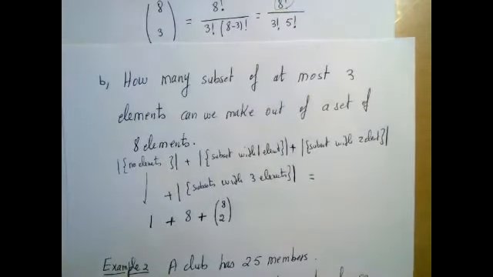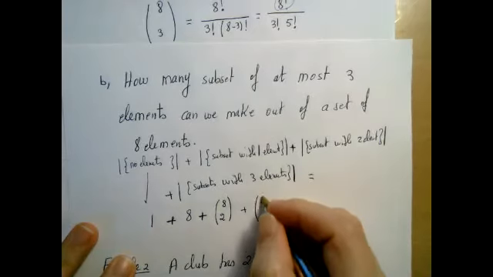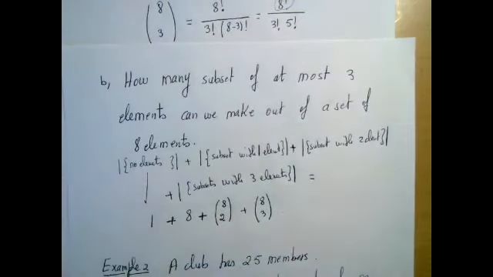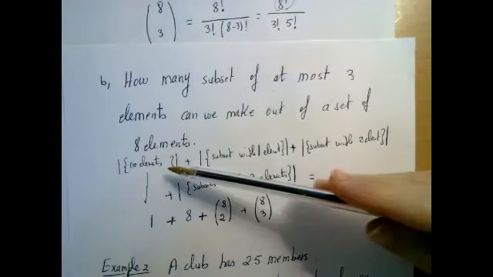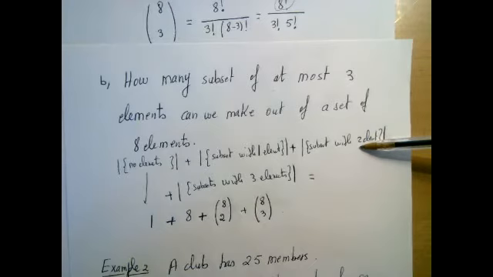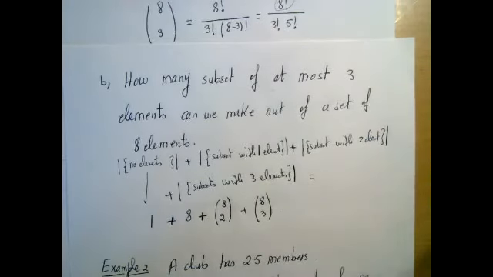We're breaking it up to have control over the scenario. And finally, at most 3 means 3 is included. So we have to break it into no element, exactly 1, exactly 2, exactly 3. And then the problem will be fixed.